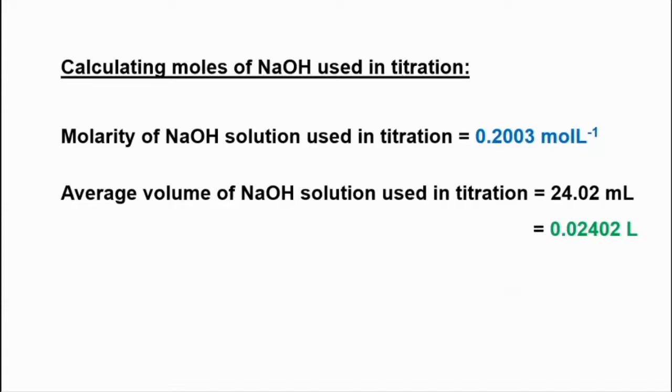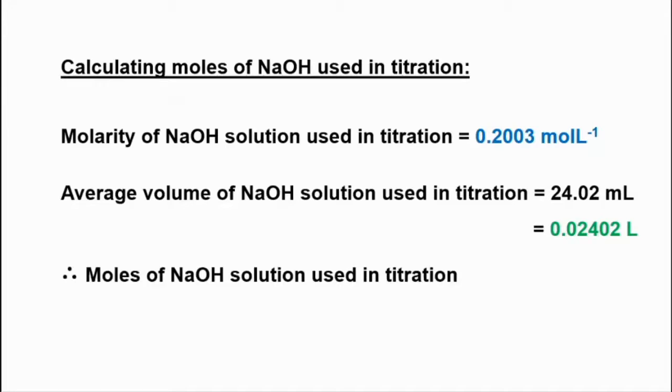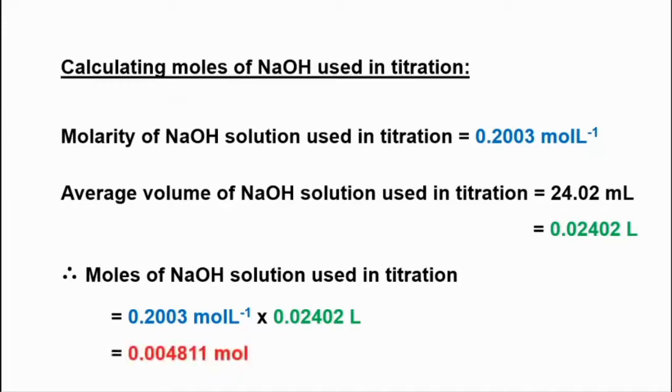We are going to get 0.02402 liters of sodium hydroxide solution, and then we calculate the moles. Molarity times volume, MV. 0.2003 molar times 0.02402 liters, and we are going to get 0.004811 mole.